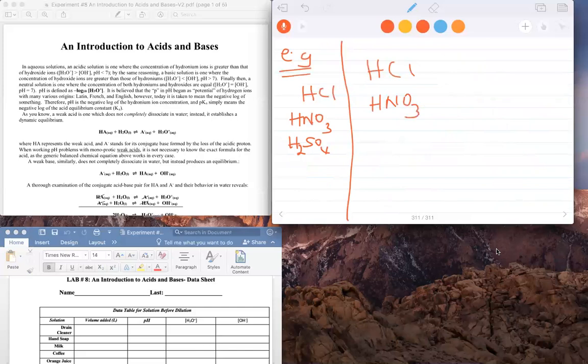It's the same thing. The Bronsted-Lowry definition of a base can also be used for proton acceptor. It could be hydrogen ion. It can accept electron pairs from any Lewis base.